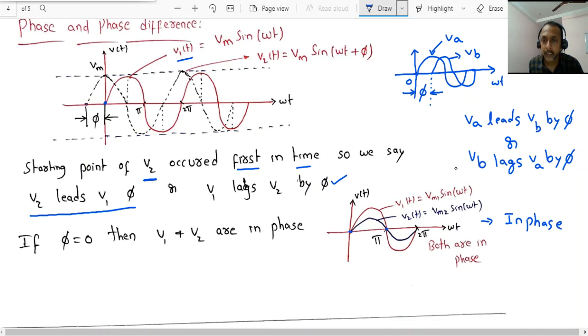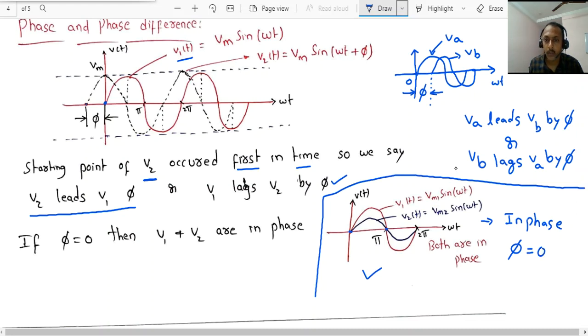Is there any phase difference between V1 and V2? No. Phase difference is 0. Phi equals 0. Both occurred at the same time.